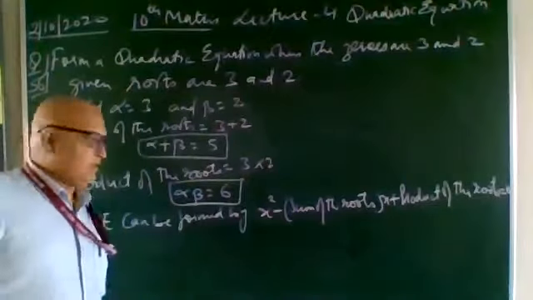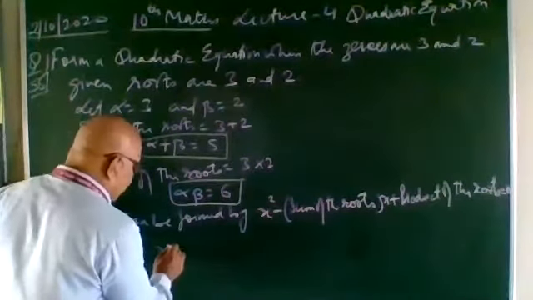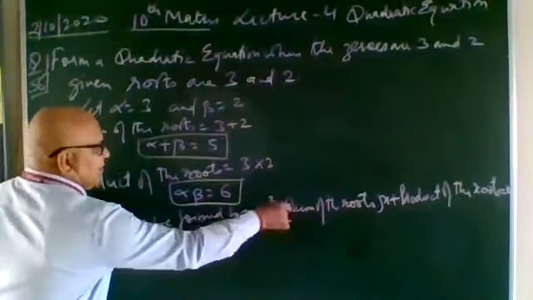So x square minus, the sum of the roots is 5, x plus product of the roots is 6, equal to 0. Answer. So this is the way you can form a quadratic equation. So a quadratic polynomial or a quadratic equation can be formed this way.